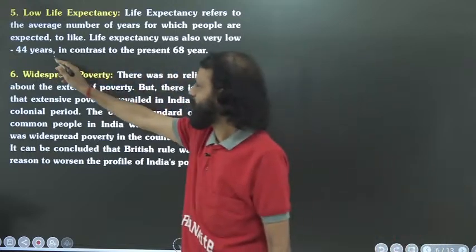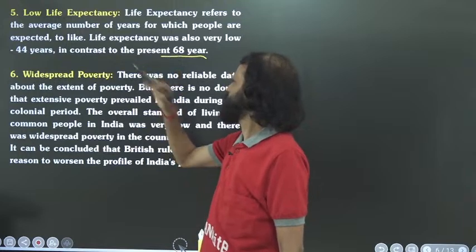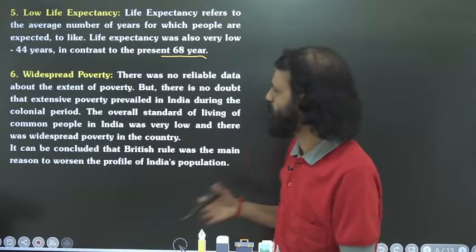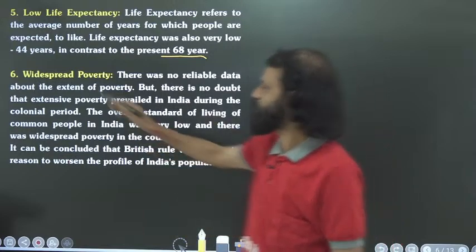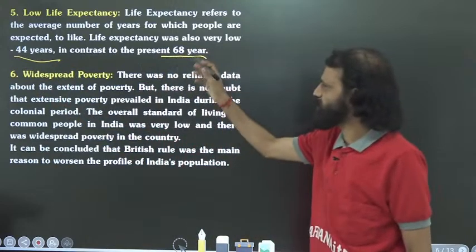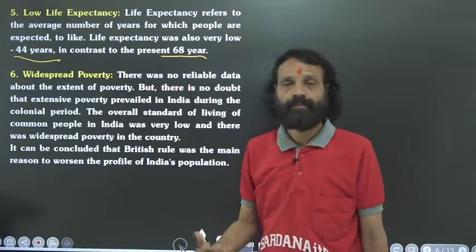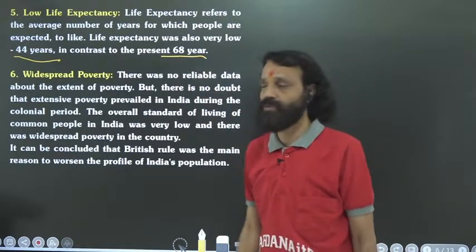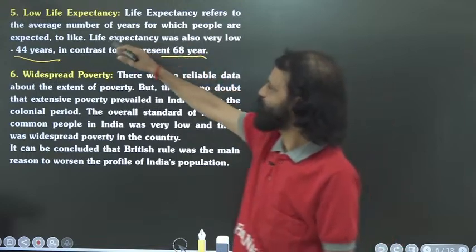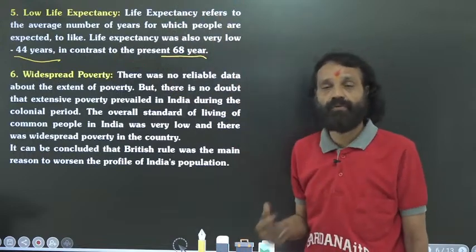Nowadays an average man can live up to at least 68 years, more years than before. But at that time it was generally only 44 years. Now around 70 years a normal man can live in India. So low life expectancy was there at that time. People didn't live long.